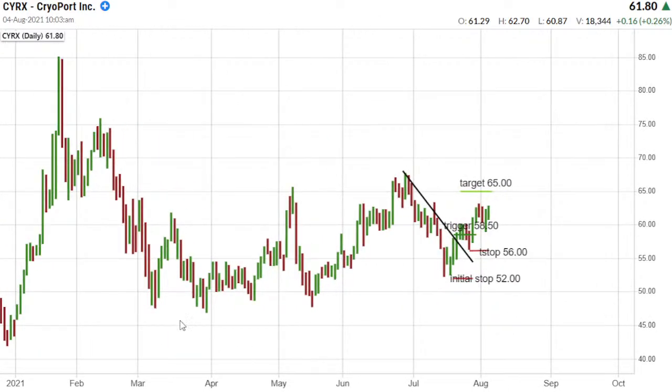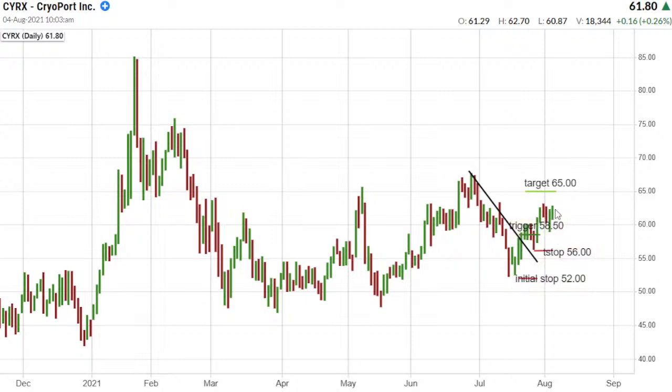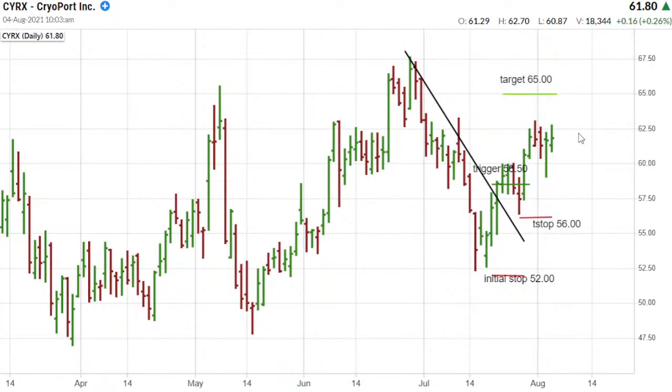You zoom out a little bit here and you can see that there's a pullback and a rally, a big dip here and a rally back to the highs. And so quite honestly, this one looks like it wants to rally up towards these previous highs here, but you never know.